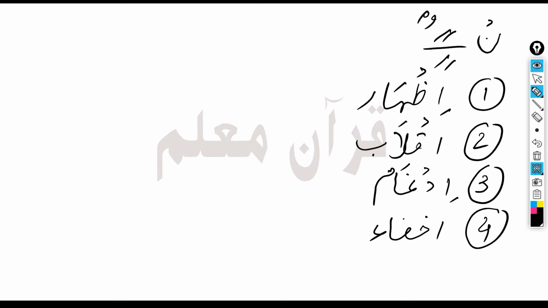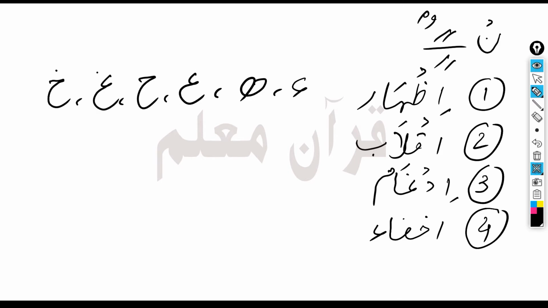The first part, izhar. Actually, in izhar, we will be covering 6 letters, which are throat letters: Hamza, Ha, Ain, Ha, Ghain, Kha. And in iqlab, we will be covering only one letter, which is letter Ba.